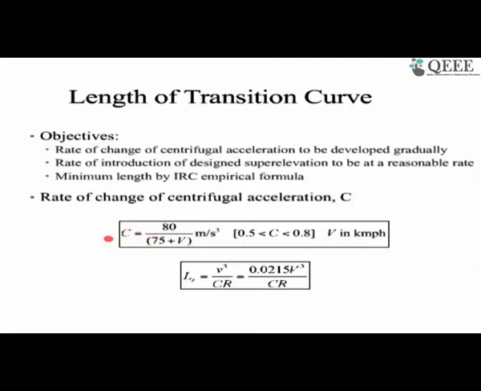If we know this comfortable rate of centrifugal acceleration, then we can easily find the length from this empirical formula, Ls equals V cube by CR, where V is in meters per second, or in kilometers per hour with the appropriate constant. If you convert this, then for the comfort level, we will get one transition length. So this is equation 1.